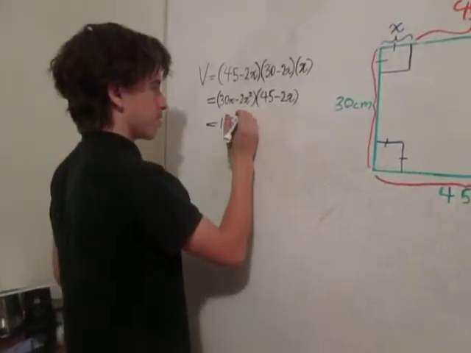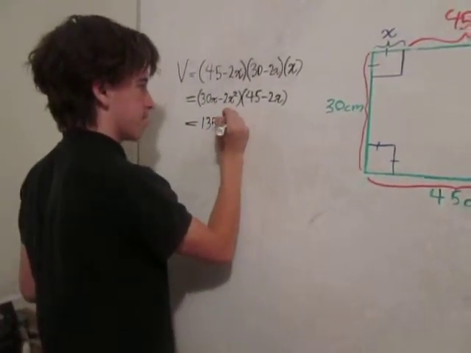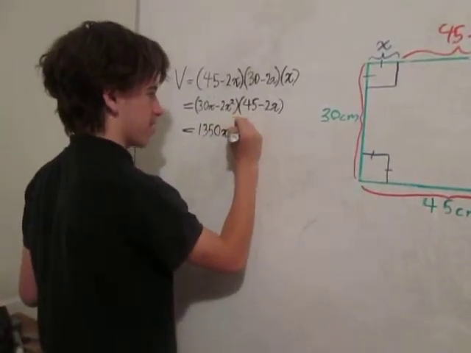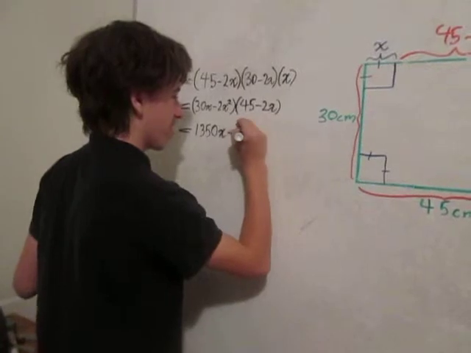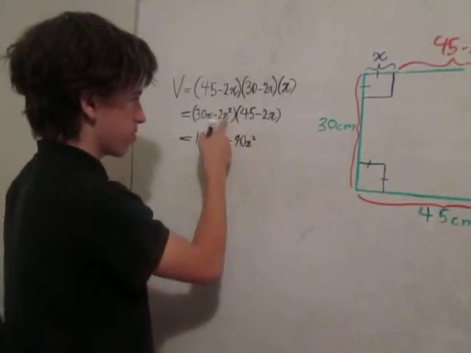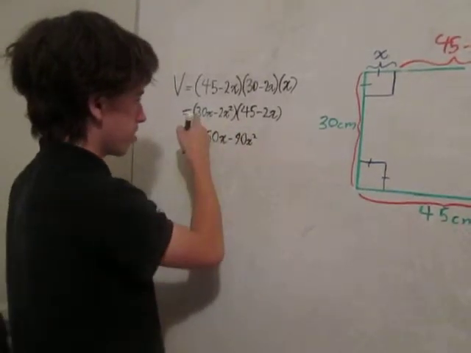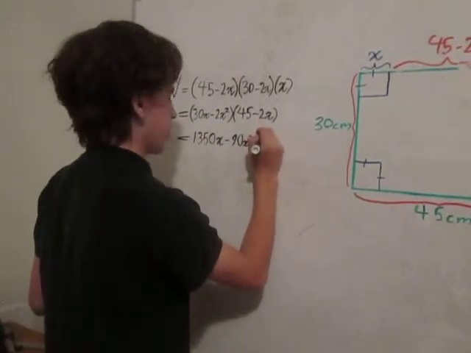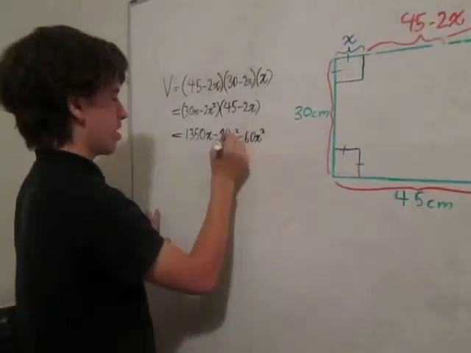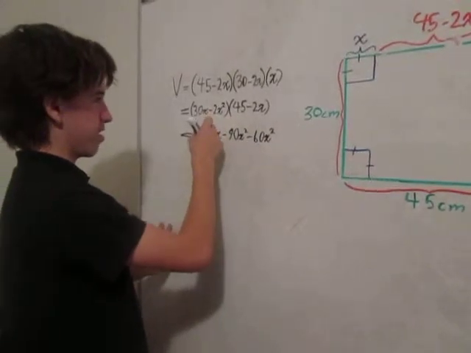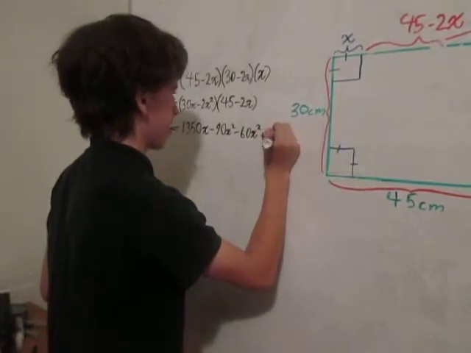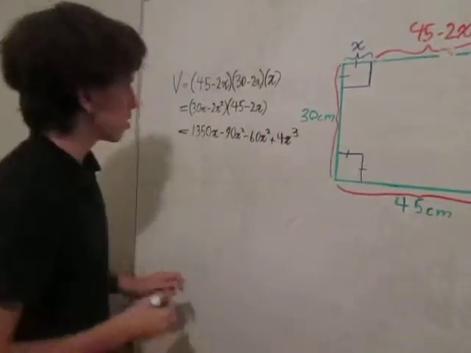Right? And then there's an x here, minus, and the arithmetic's a bit long. Minus 90x squared, we're just distributing out. Minus 60x squared. And finally, plus 4x cubed.